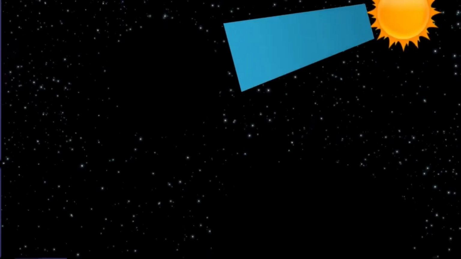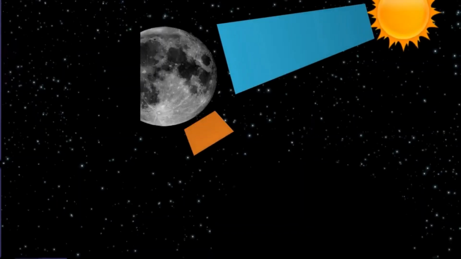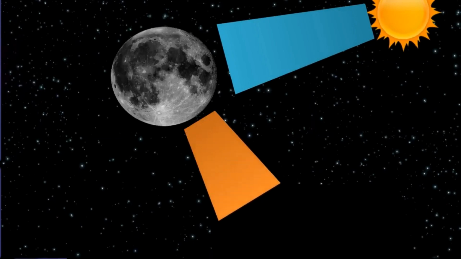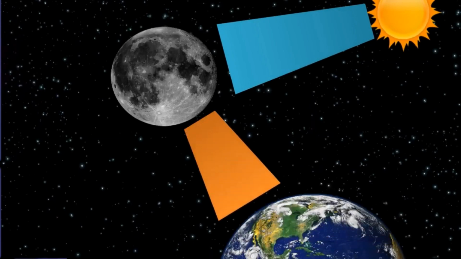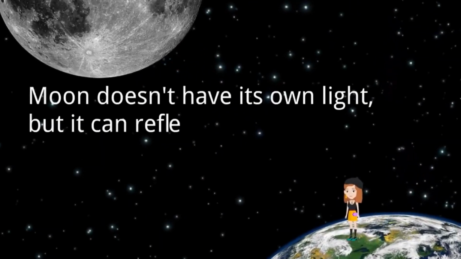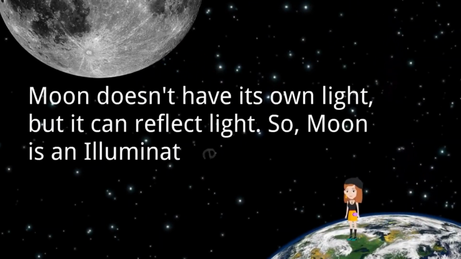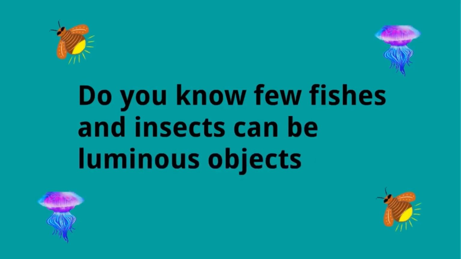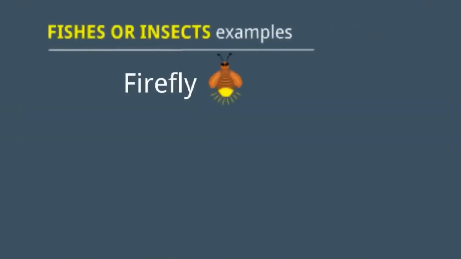Sunlight falls on the moon and is reflected to our earth, and we can see the moon from the earth. The moon doesn't have its own light, although it is bright at night. The moon is an illuminated object.